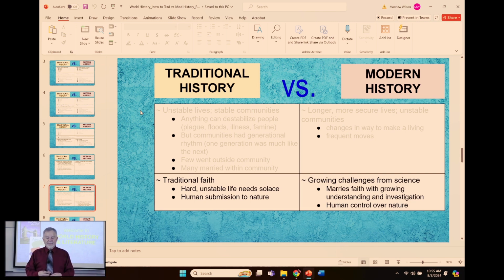That's under tradition. In this category, humans pretty much are at the submission of whatever nature throws at them.